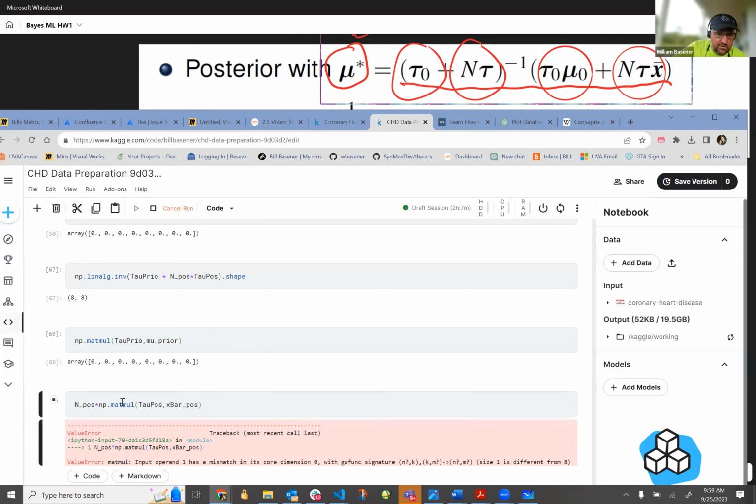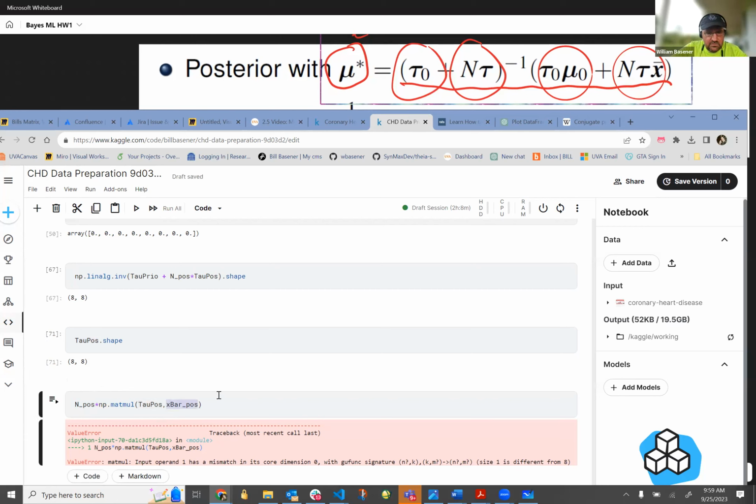And this gives us, okay, so it's saying I can't multiply that times that, because there's a dimensions mismatch. So tau positive dot shape. Let's get the dimensions of, right? That's our 8 by 8 identity matrix for the prior on the positive data.